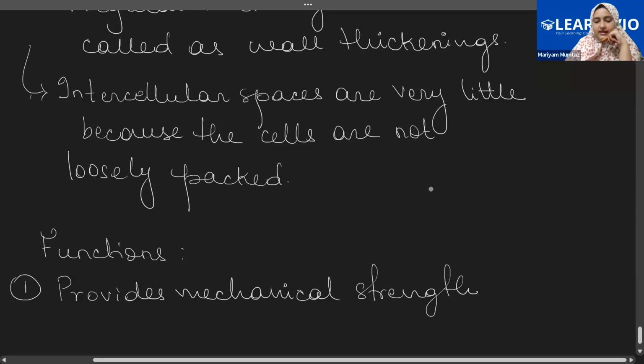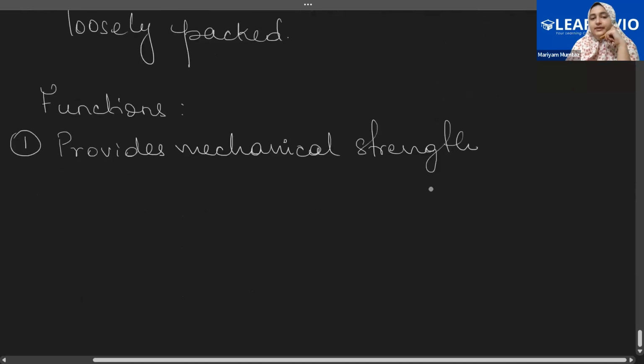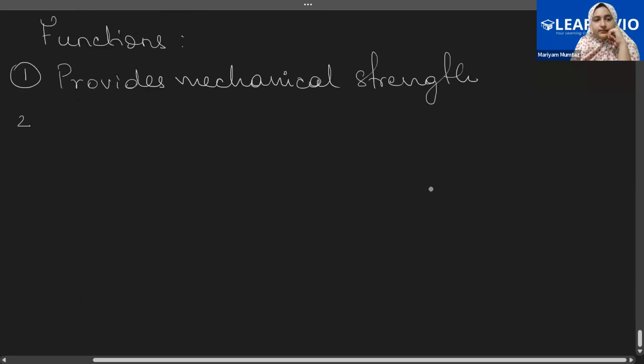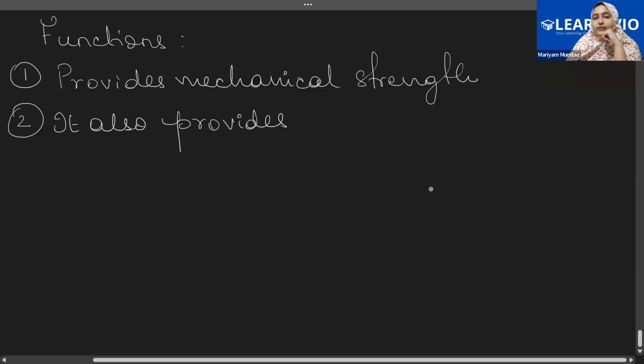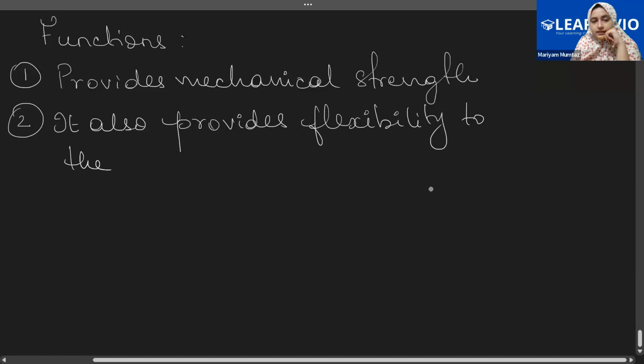Now, apart from that, it also provides flexibility to the plant.